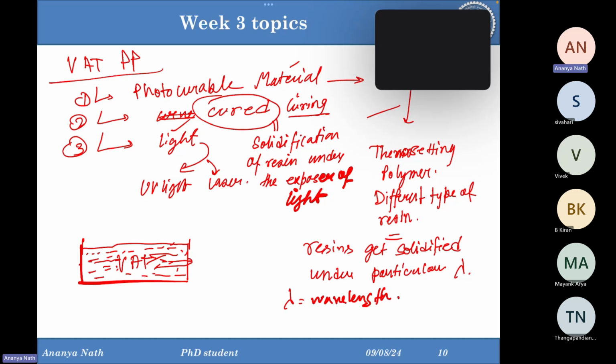Then light means UV light or laser light we can use. If UV light, then again you should use a particular wavelength UV light because resin will solidify only if you are exposing it to a particular wavelength. And laser light, blue, green, these are some lower wavelength lasers which are generally used in this vat photopolymerization technique.